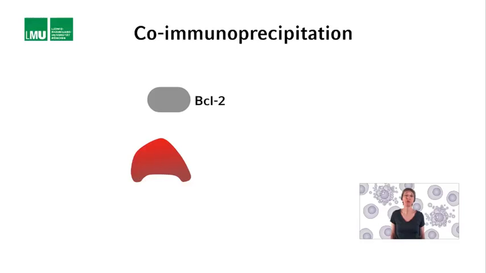Such a co-immunoprecipitation experiment was used by Korsmeyer and co-workers then at Washington University in St. Louis to identify interactors of BCL2. They were successful, and in 1993 they published the first BCL2 interactor, Bax, and Bax stands for BCL2 associated X protein.